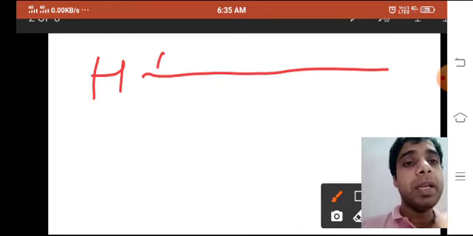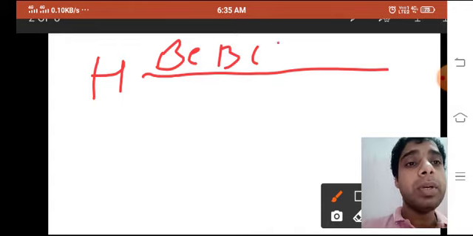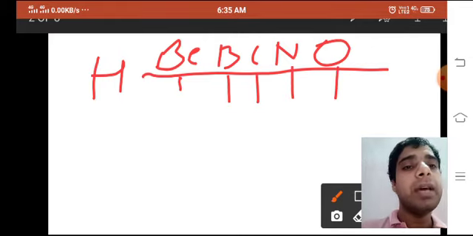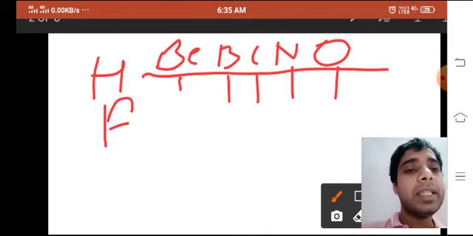So I will take lithium, beryllium, boron, carbon, nitrogen, oxygen. Atomic numbers 3, 4, 5, 6, 7, 8. Then after that fluorine. Neon was not known at that time.